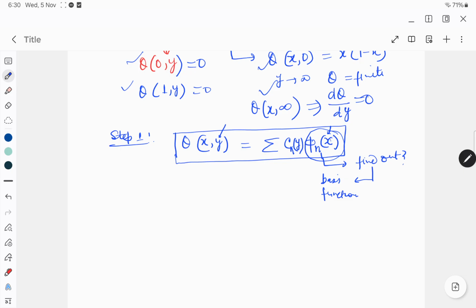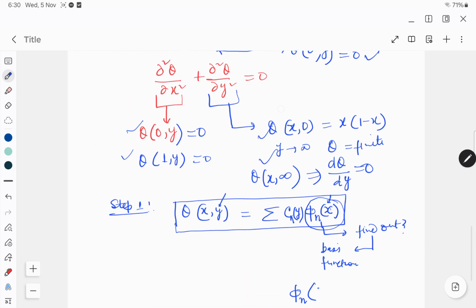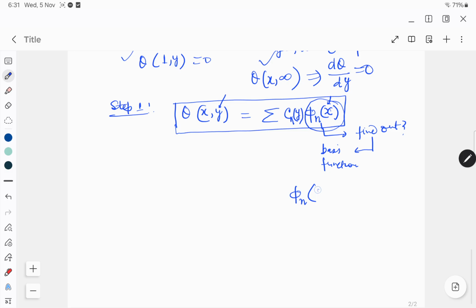So this is the basis function phi n. A function of what, x or y? Finite range of x, so this would be a function of x only, right? Since theta xy is a function of y as well, you need another function, a combination of these two functions, and that function would be a function of y.